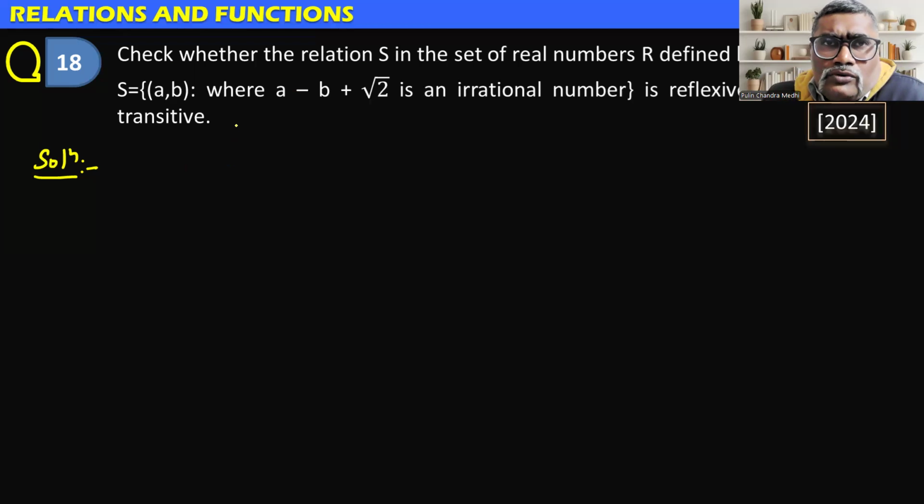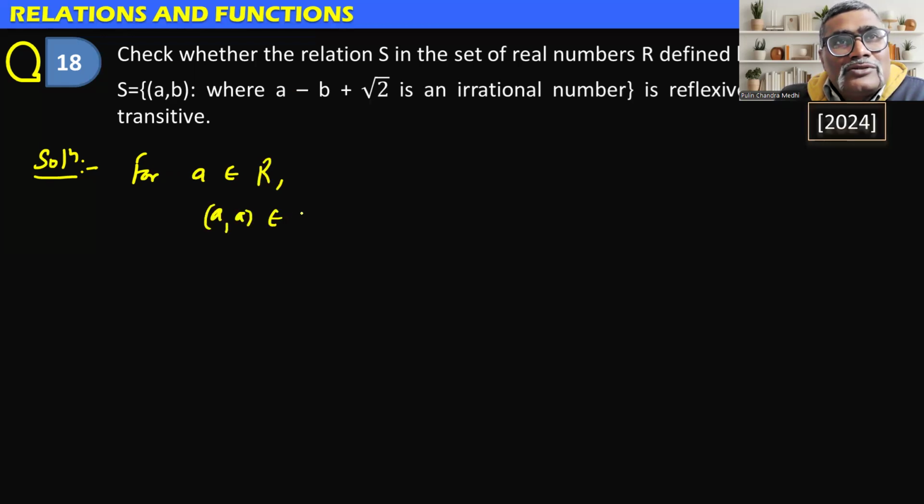So for being reflexive, both A and B should be what? Same. So if A and B are equal, they will get cancelled and you will be left with root 2 always. And it is an irrational number, so it is reflexive. Very clearly. So you can directly write for A belongs to R, A comma A belongs to S. Why?